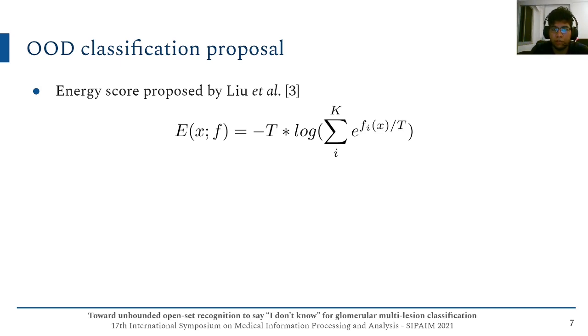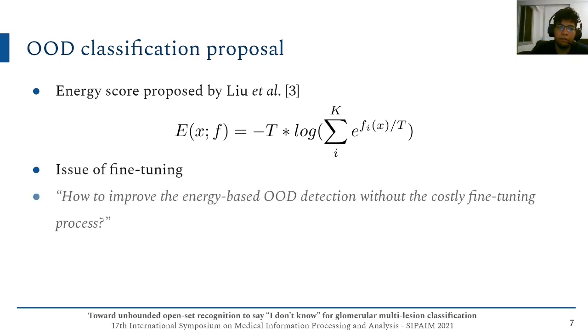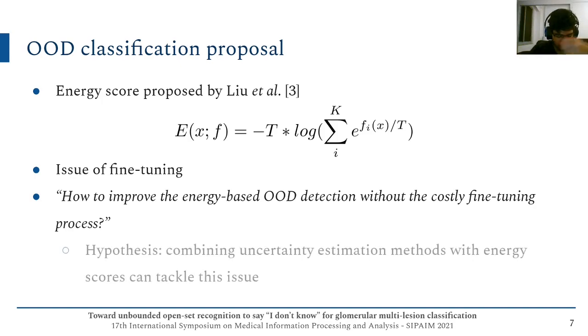One advantage of the method is that the energy score can be used for out-of-distribution detection without fine-tuning on specific OOD data. However, they point out that fine-tuning leads to better results. That's why we raise the question: how to improve the energy-based OOD detection without the costly fine-tuning process? Our hypothesis is that combining uncertainty estimation methods with energy scores can tackle this issue.